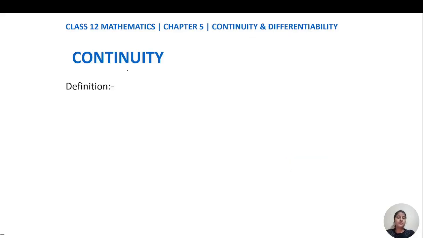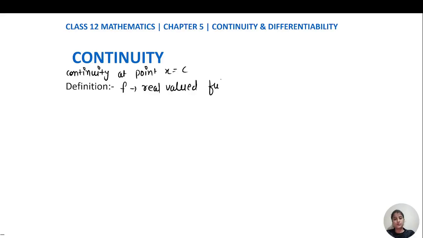First of all, continuity. Let's begin with continuity at a point x equals c. Let f be our real valued function and let D be its domain.